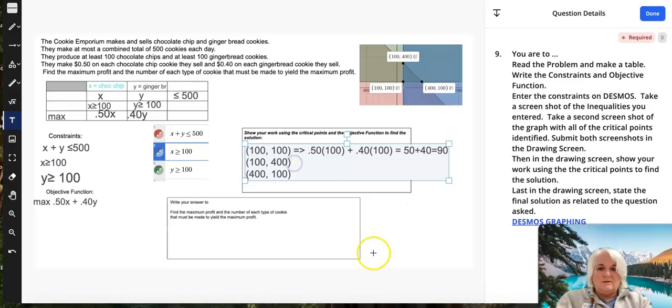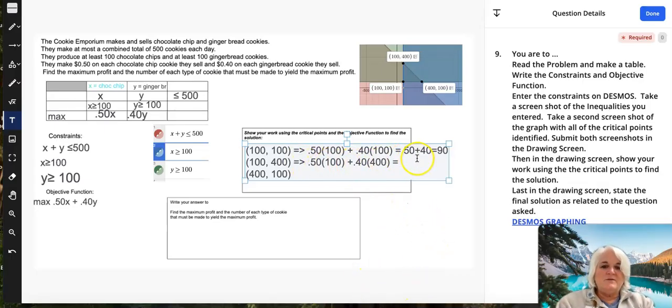And then I'm going to go down here and plug that one in. So 0.50 times 100, and then plus 0.40 times 400. Okay, and then equals, and again you can use a calculator.